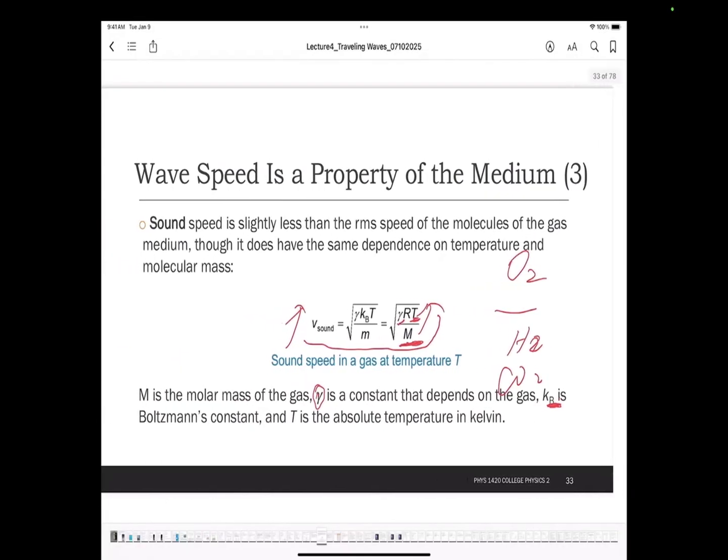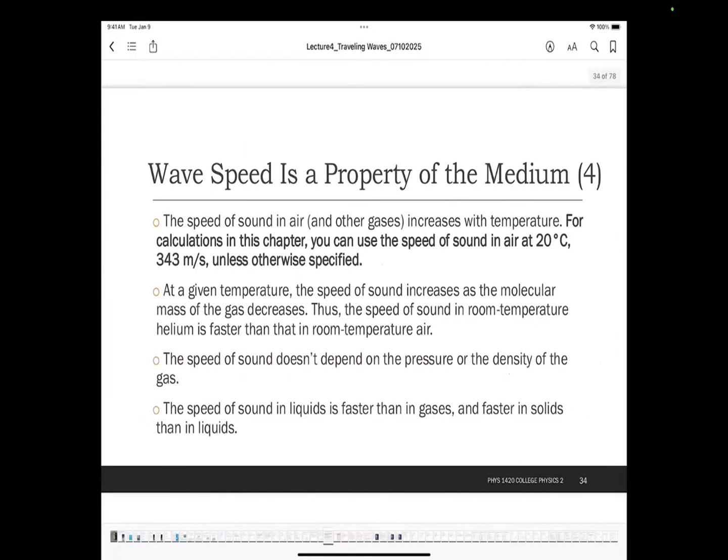And here, for calculations in these chapters, you can use the speed of sound in air at 20 degrees Celsius, 343 meters per second, unless otherwise specified.